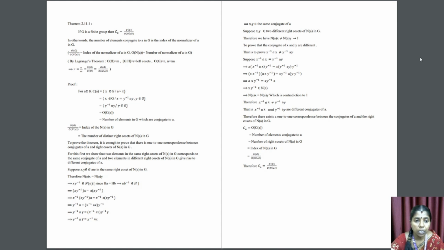Suppose x, y belong to G and are in the same right coset of N(a) in G. Therefore, N(a)x equals N(a)y.